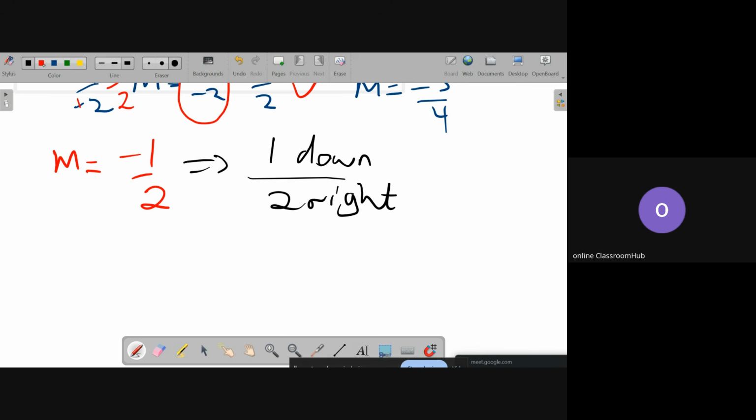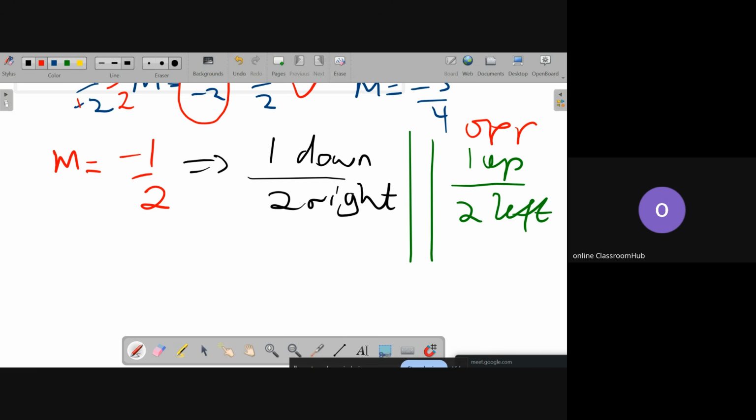But in the opposite way, it will be 1 up, 2 left. This is the opposite movement. Take note. The original movement here, according to the gradient you have, is 1 down, 2 to the right. So if you want to go in the opposite direction, that will give you what? 1 up, then 2 to the left. Please, are you clear with that? Yes, please. All right.